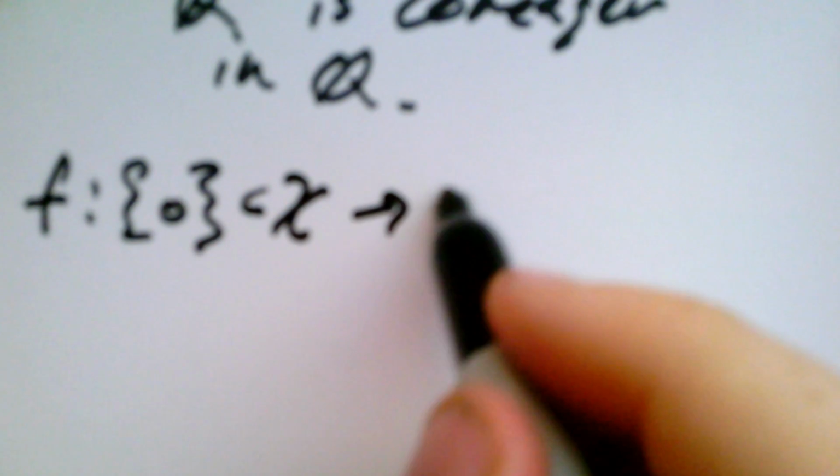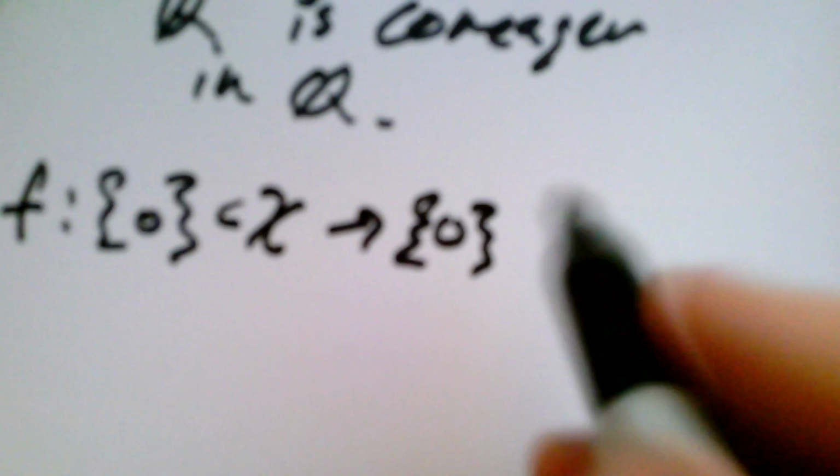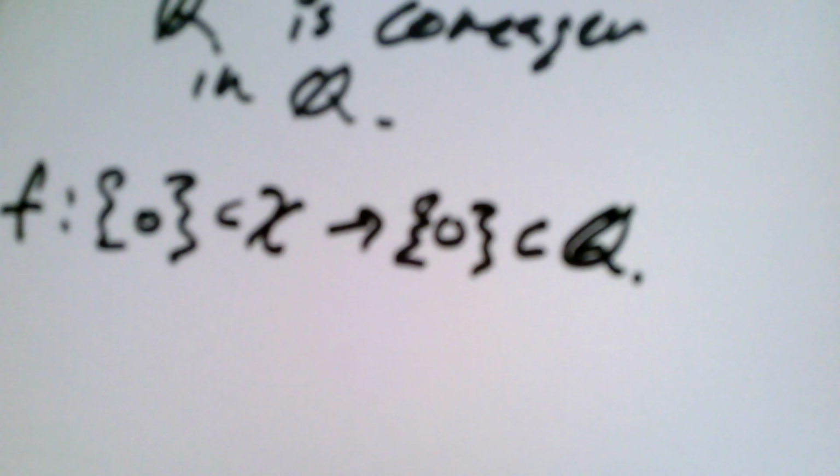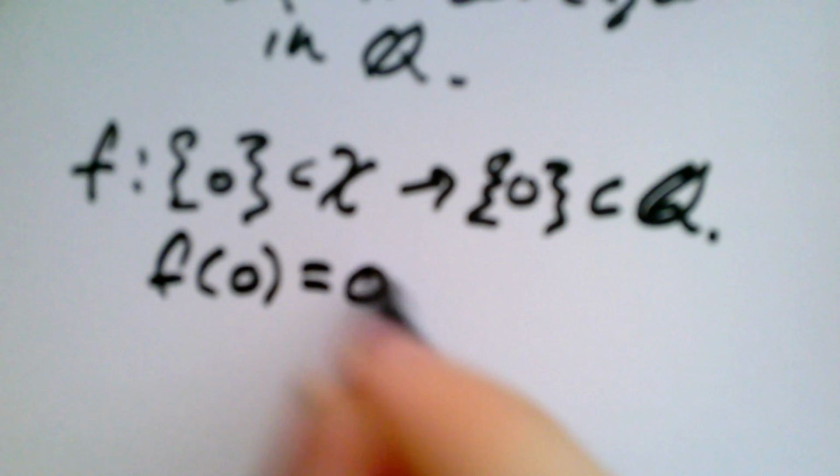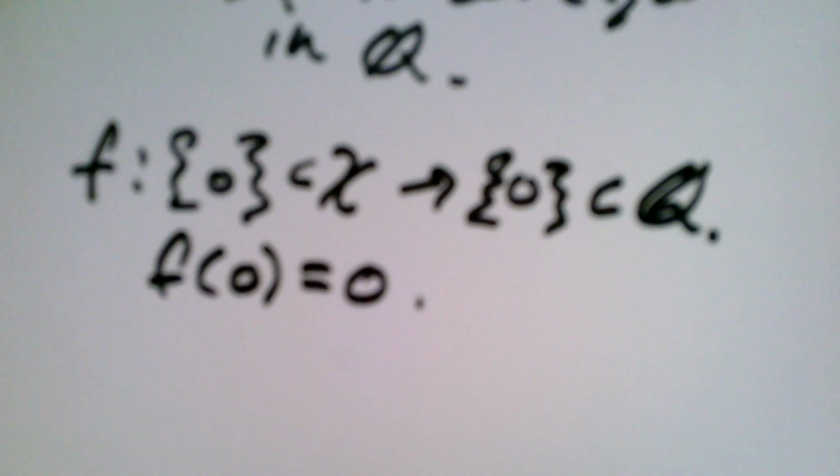if I draw the homeomorphism, here's a homeomorphism from {0} as a subset of X to {0} as a subset of Q by f of 0 equals 0. This is a homeomorphism.